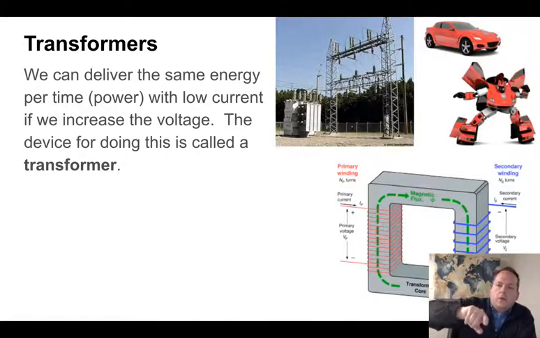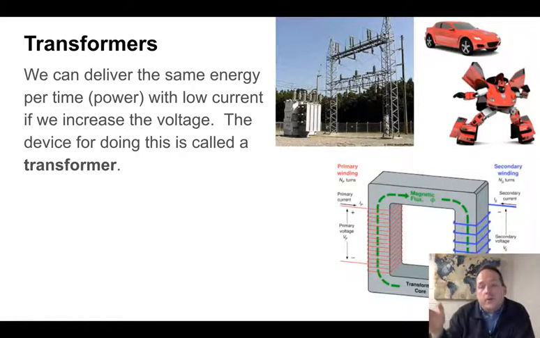That magnetic field is everywhere within the core, and so the other side of the core also gets a magnetic field in it. And that magnetic field within the core on the secondary side actually induces a current and causes current to flow on the secondary side.